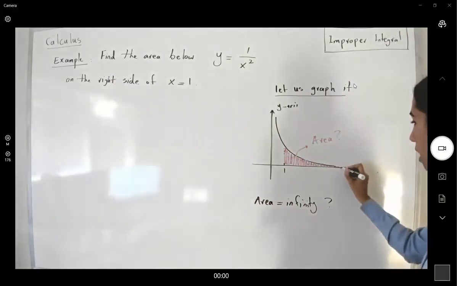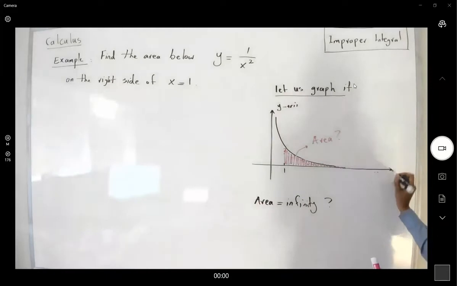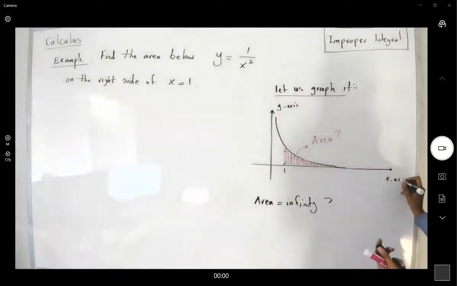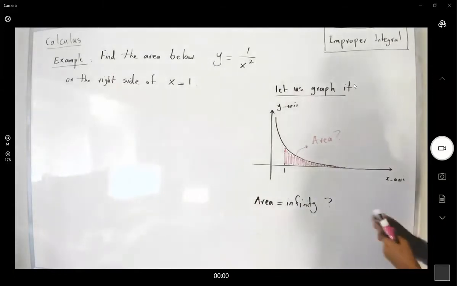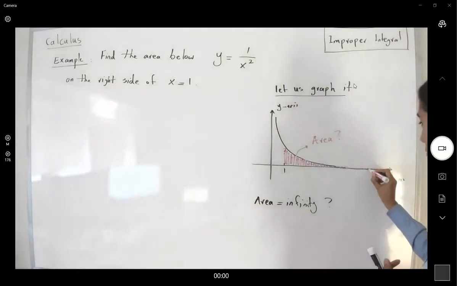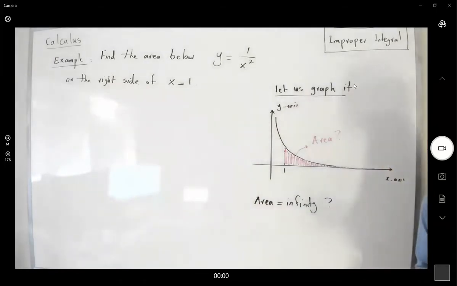Remember that it just says on the right-hand side of x equals 1, and it continues on the right side. So how do you calculate this area? Do we say the area is infinity?